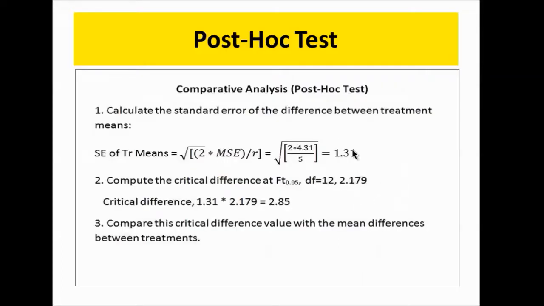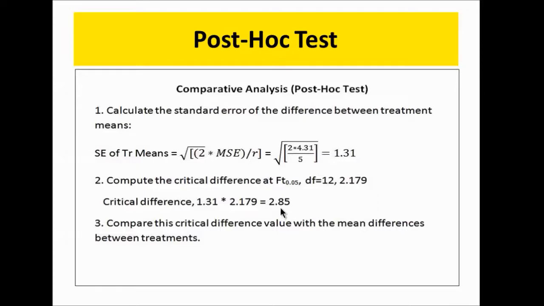The standard error is 1.31. Then we multiply it with 2.179. We obtain 2.85. This is your critical difference value. And when this value is greater than the mean differences between treatment means, there will be no significant effect between the treatments.